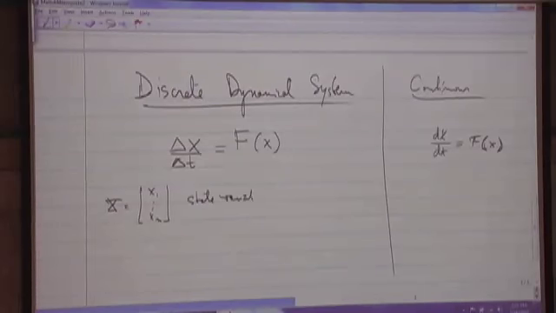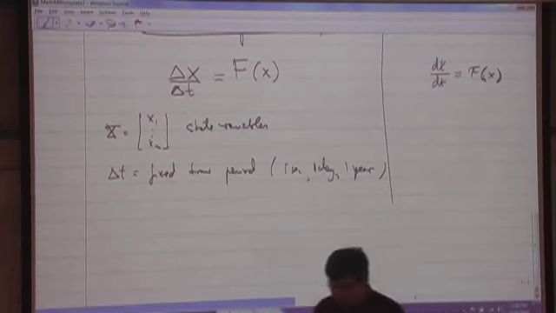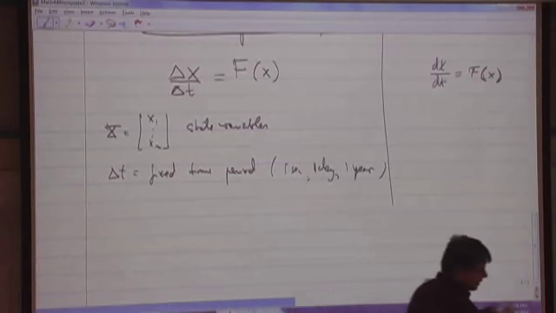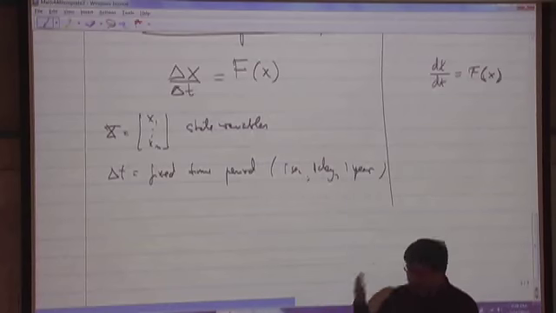It's saying that whatever experiment we do, we only care about the change after each such period of time. It's like a sample, right? And the model just tells us that the change occurring during that period of time depends somehow on the current state.